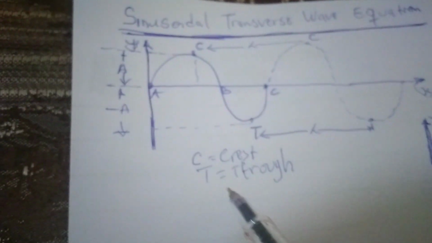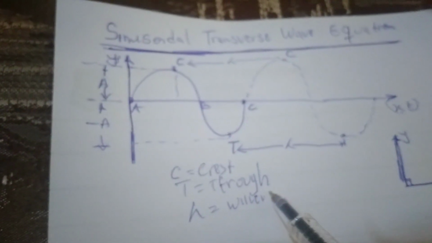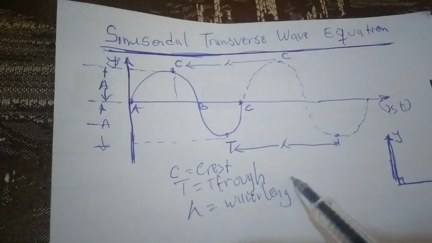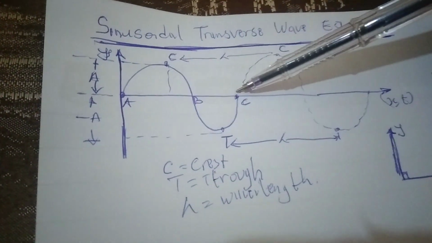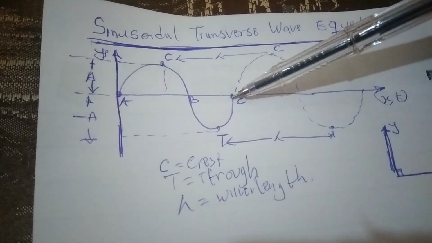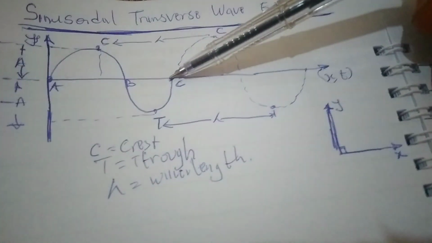We normally use this symbol to represent the wavelength. So the wavelength is the horizontal distance traveled through the full cycle of the wave.